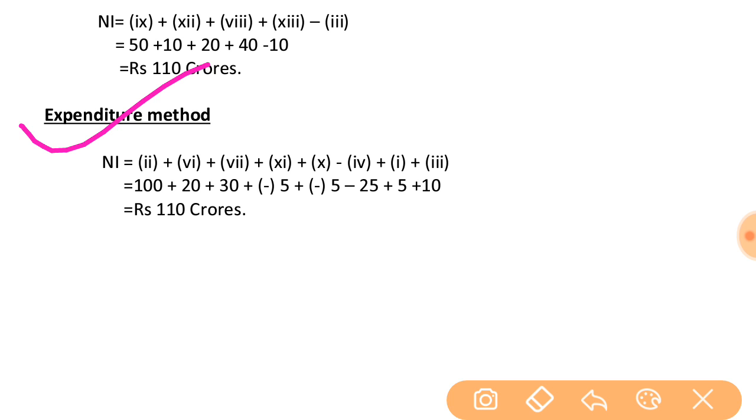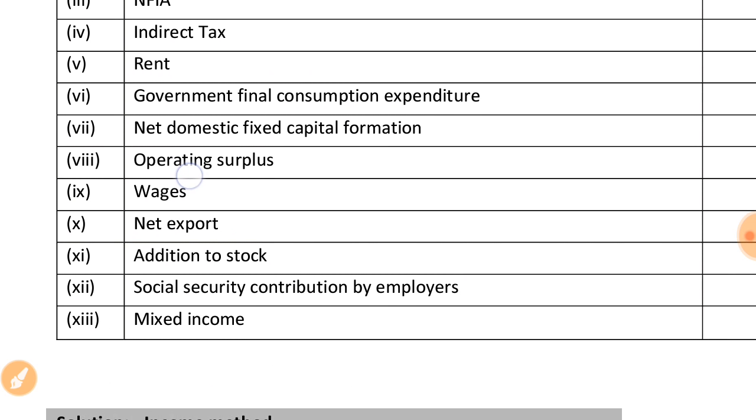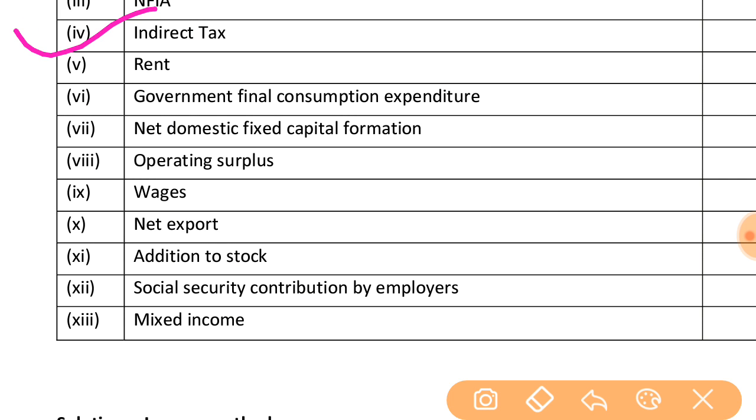Again 7, it is the net domestic fixed capital formation. Next, addition to stock, it is an expenditure. Again we have to add net export. Again, the 4th point is given, indirect taxes.